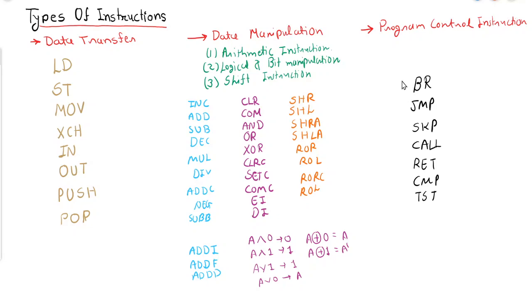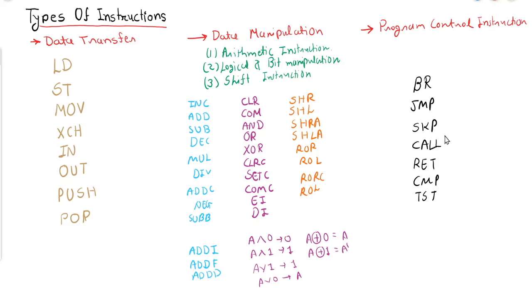In unconditional branch, without checking any condition, direct execution will happen. In skip instruction, based on a certain condition, the next instruction will be skipped by incrementing the value of the program counter. There are various skip instructions where we will use different types of flags.